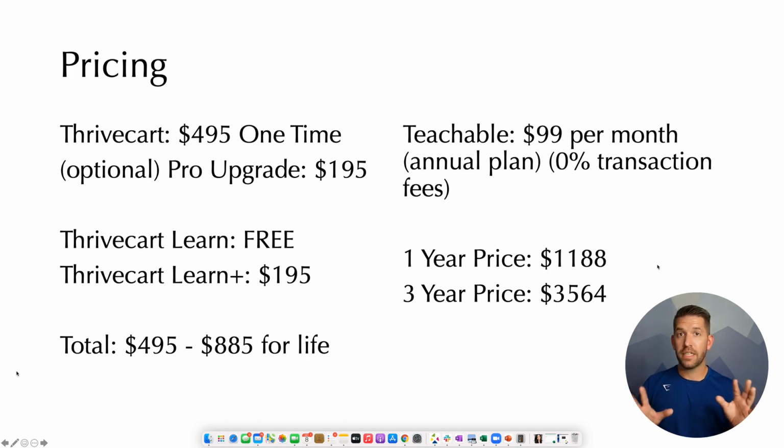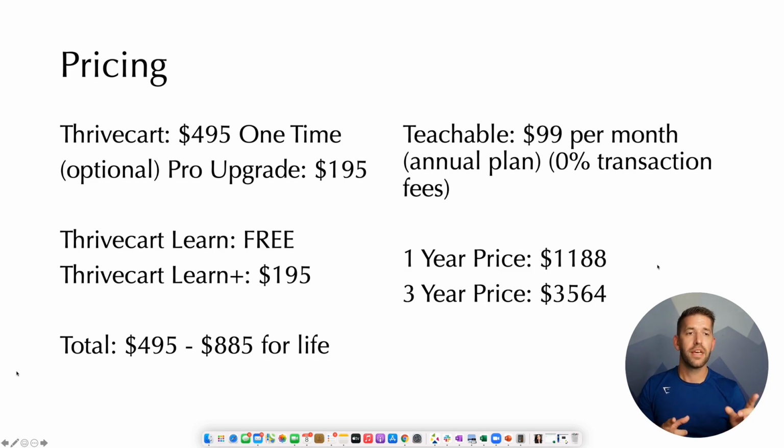So the range of pricing, again, for life with Thrivecart is between $495, which is the standard version with the free Learn level, or $885, which is the Pro Thrivecart and the Plus version of Learn. Okay. So that's your range. You put that money in and you're done investing with your business on that aspect.